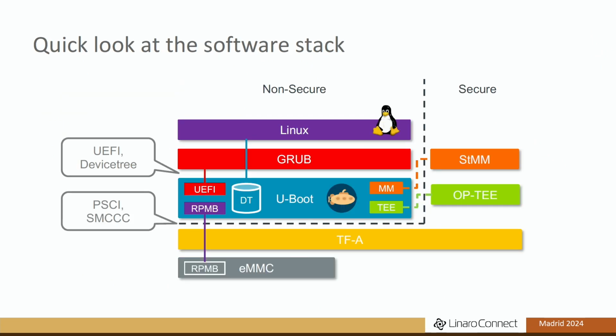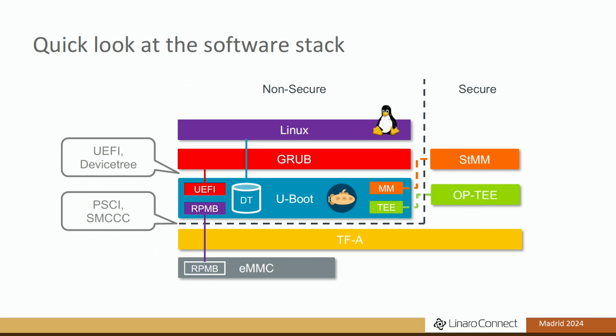Let's look at the software stack very rapidly. So that's a typical IR 2.x capable system we are looking at here. So you see there is the hardware eMMC at the bottom in gray, which is actually providing the anti-replay feature, which allows us to have this secure storage for the UEFI authenticated variables.